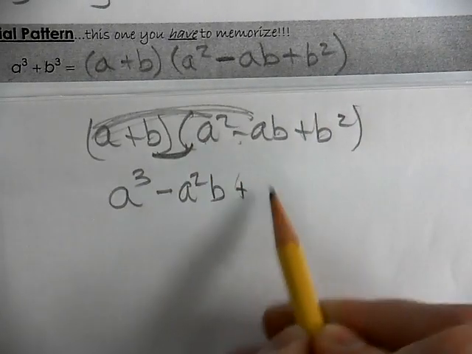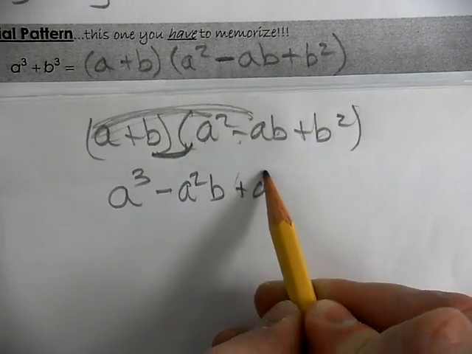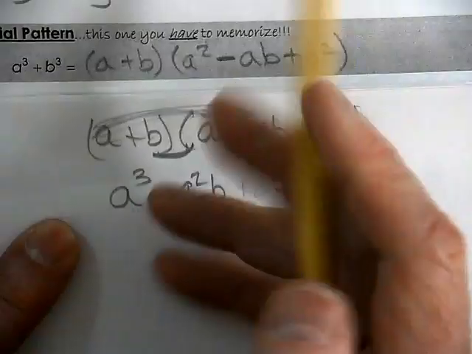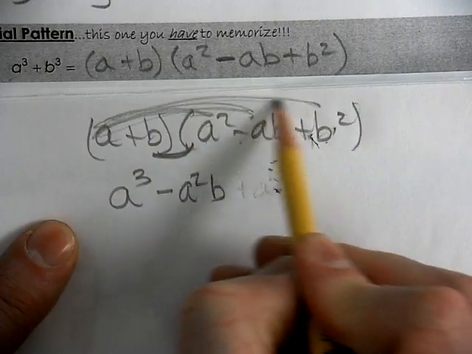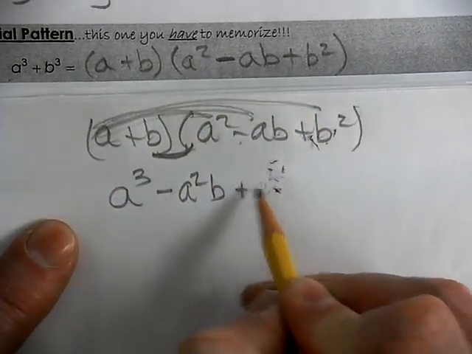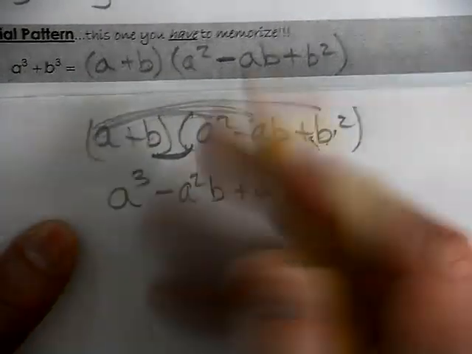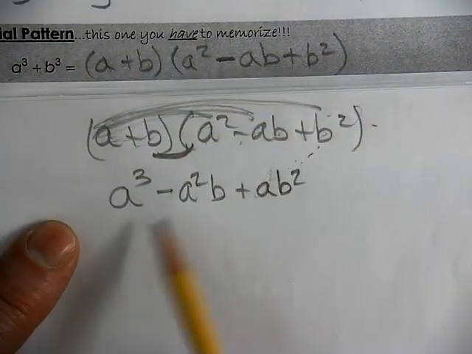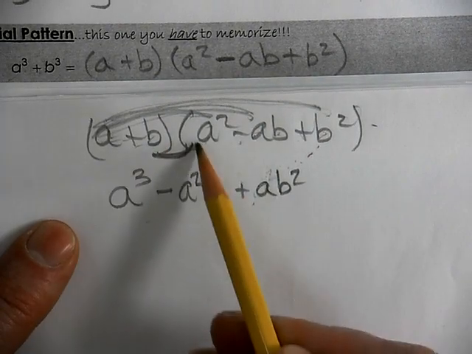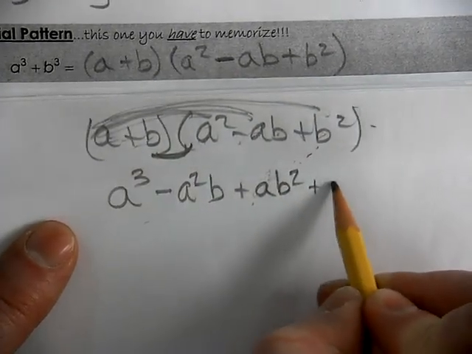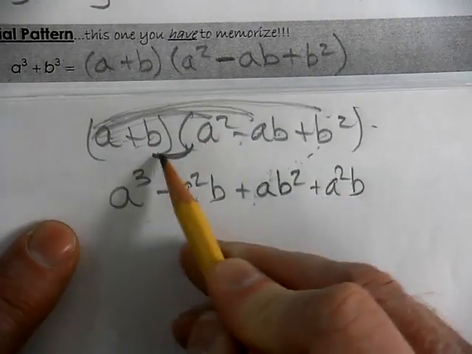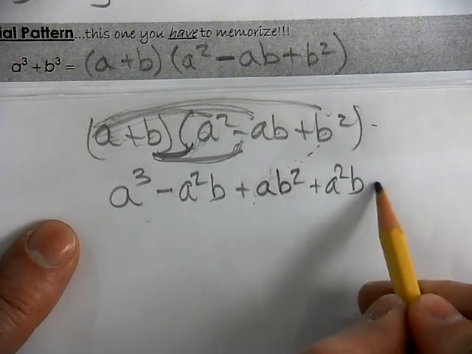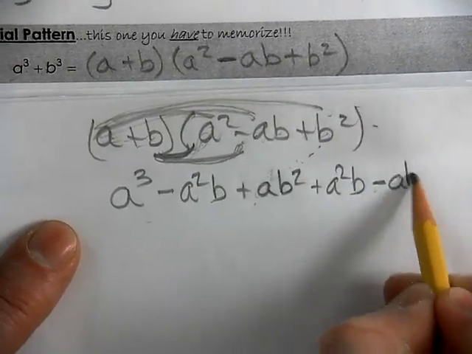And positive ab squared. Sorry, we didn't do the last one. So you take the a and you multiply it to each term. Then you take the b and you multiply it to each term. A squared b, that's a positive. That's a negative ab squared.